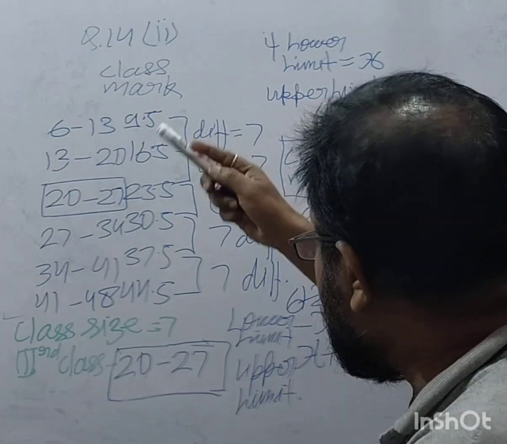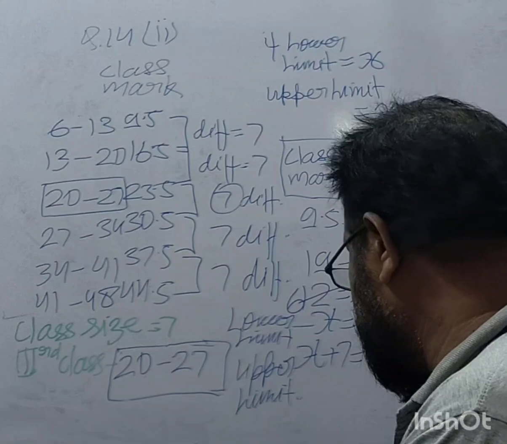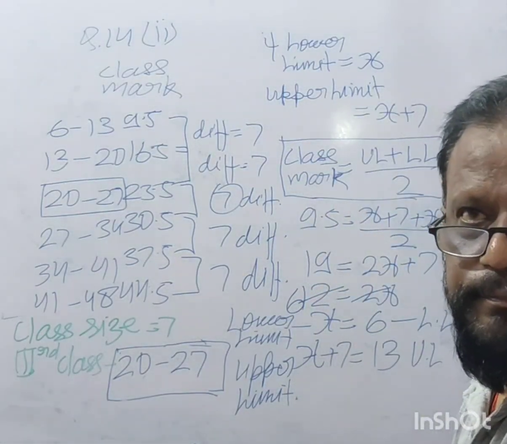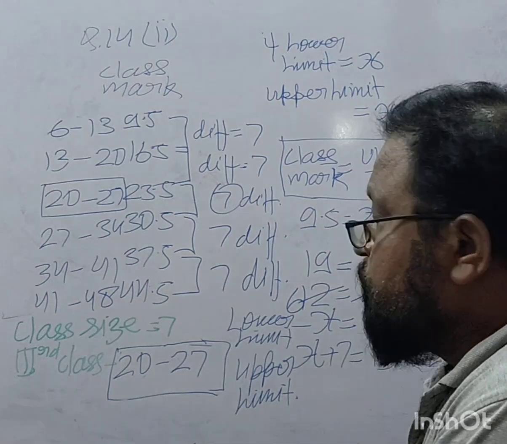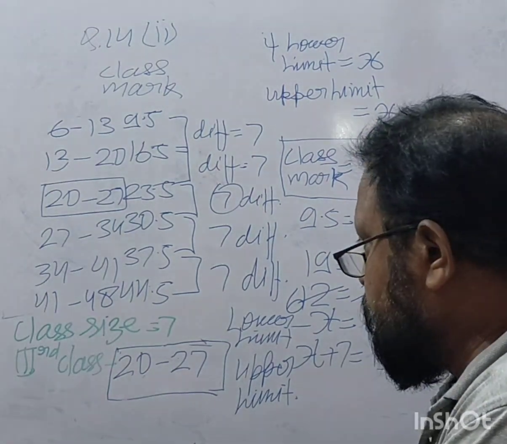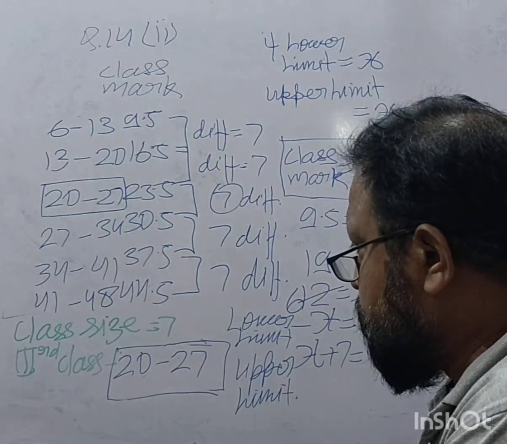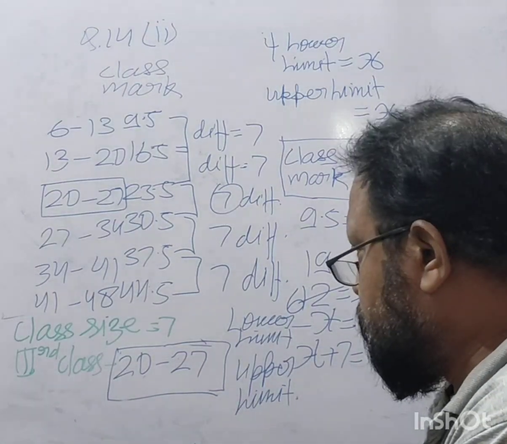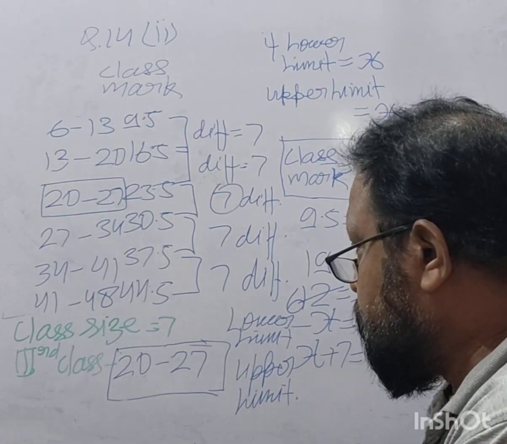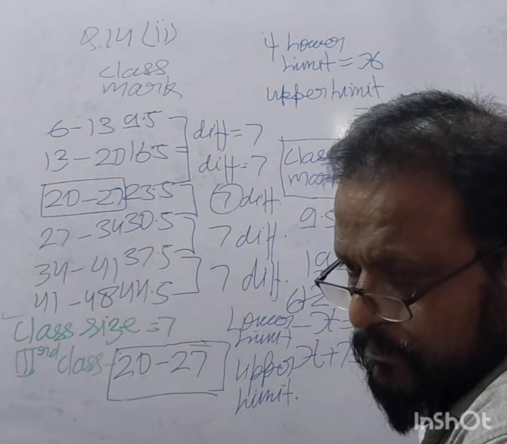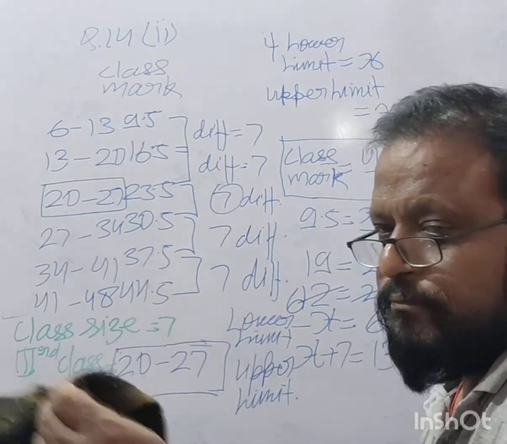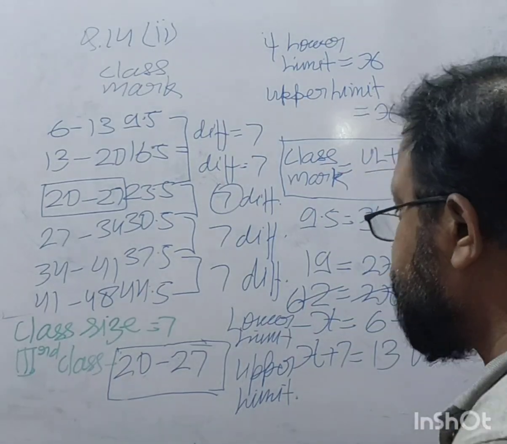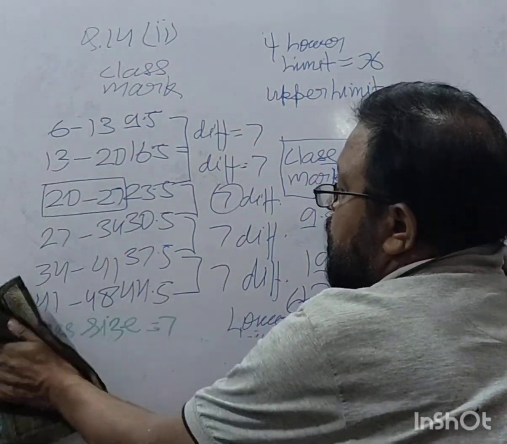We have to do it like this. Now it is correct. Done, sir. Now what is it? 19.3.